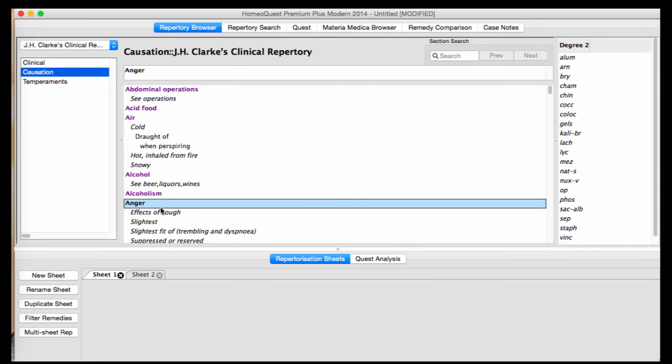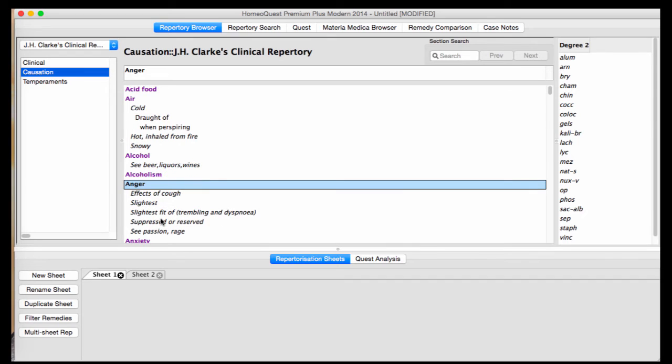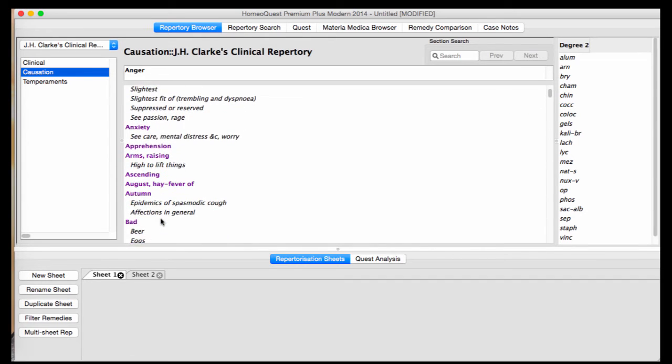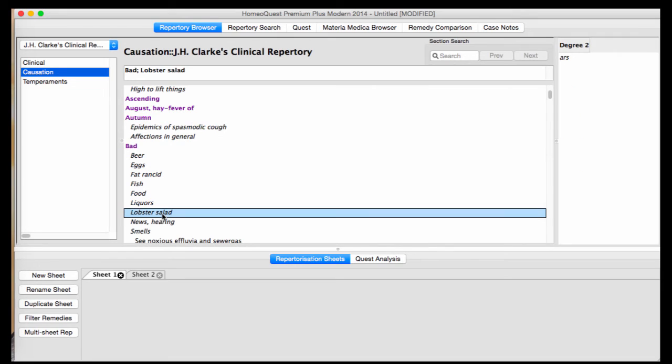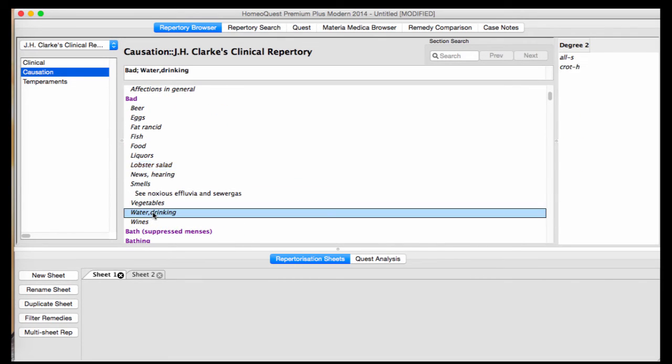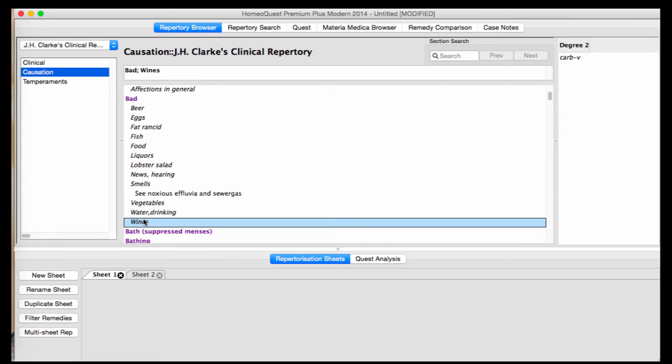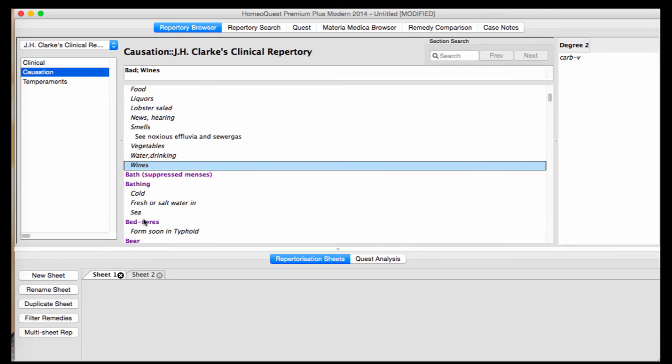So I found this really obscure chapter with very interesting rubrics and causative phenomena which you might miss out on. Bad effects of lobster salad, or bad effects of drinking water or wine, are some really interesting rubrics that I've found to be very useful, just for making those quick prescriptions again.